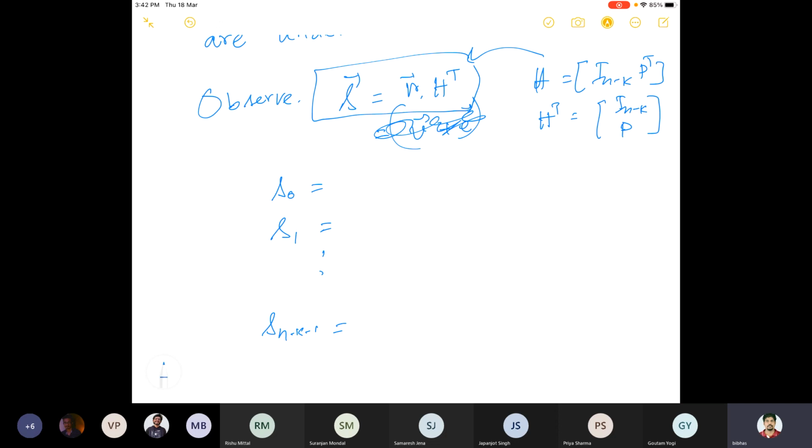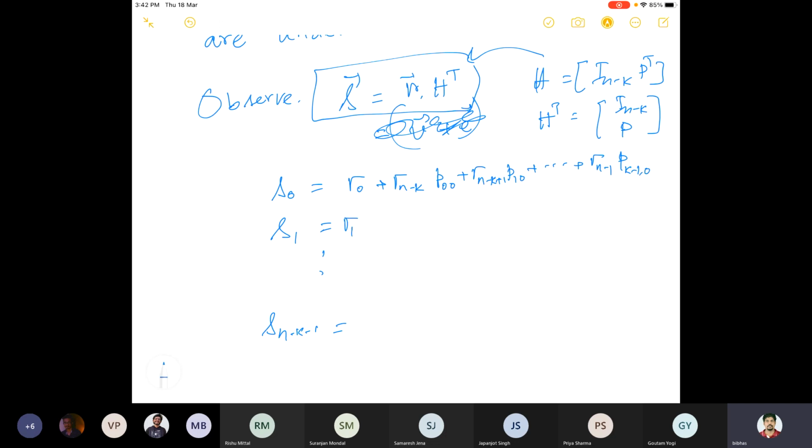When you multiply R with this H transpose, the first entries of R get multiplied with the identity, and the rest get multiplied with P. So S0 will be R0 plus R n minus k P00 plus R n minus k plus 1 P10 plus dot dot dot plus R n minus 1 P k minus 1, 0.